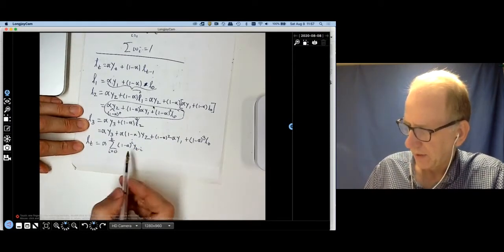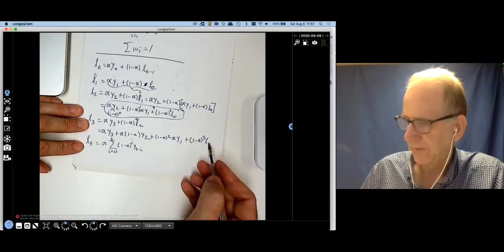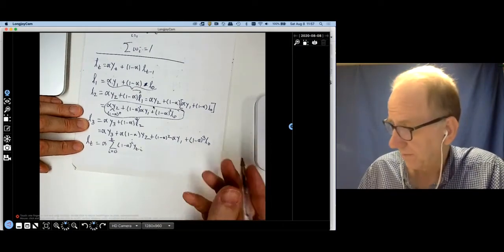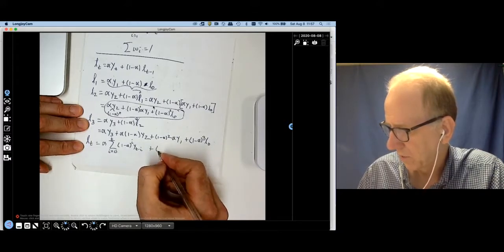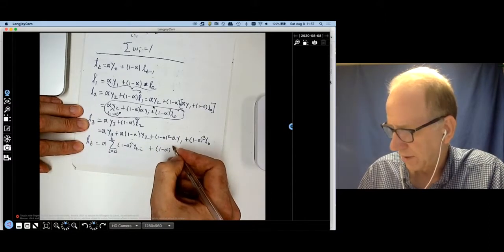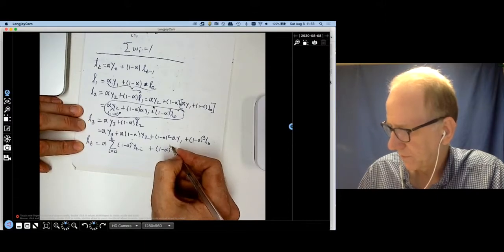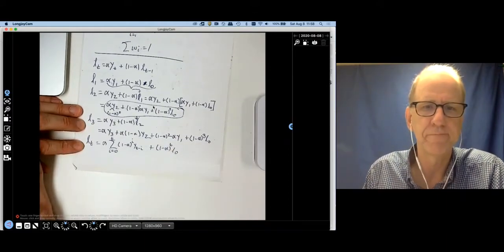Okay, so that writes out the sum, and then I've got my initial level as well, so I should probably include that. So plus 1 minus alpha to the t times my initial level.